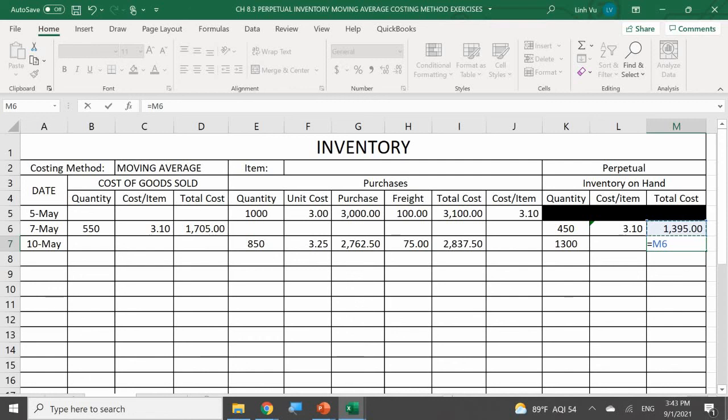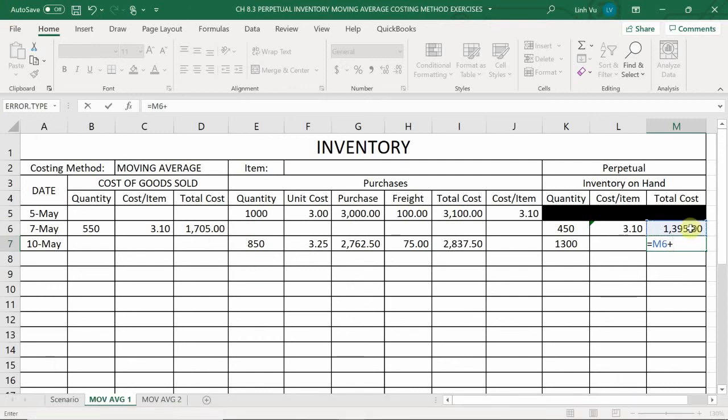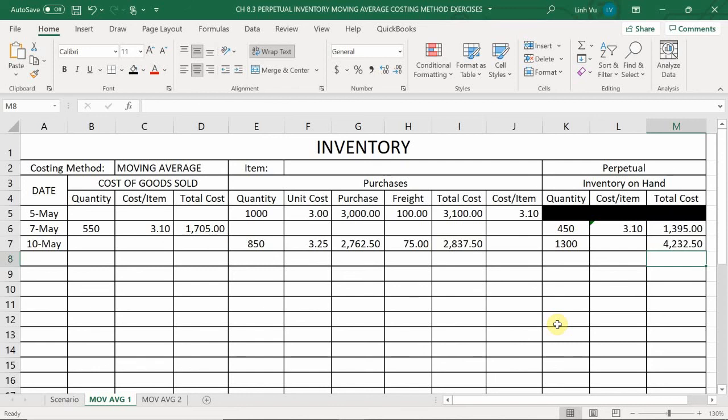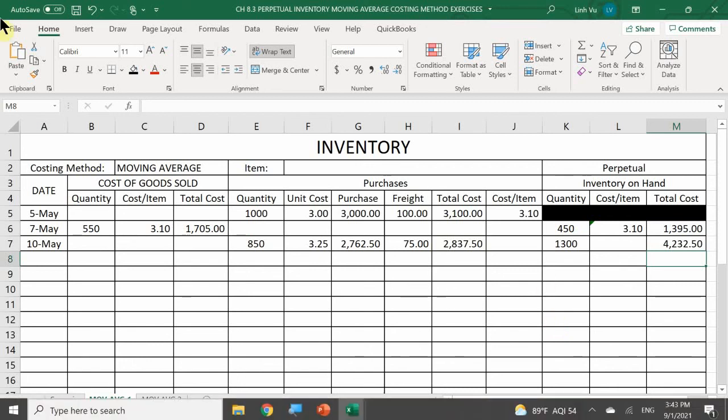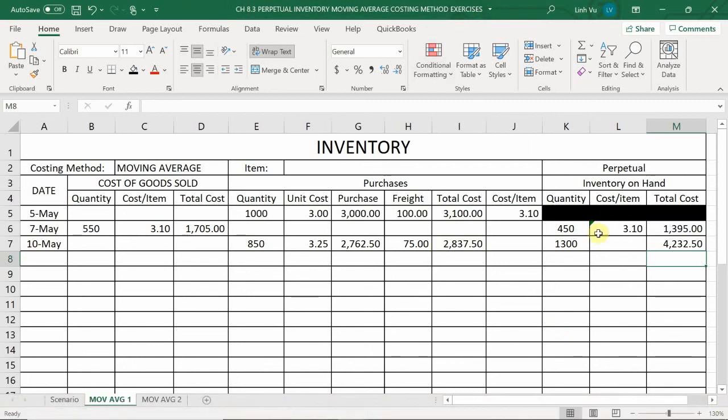If I started out with $1,395 and I just increased it with my new batch of inventory for $2,837.50, that now brings me to a total cost of $4,232.50.